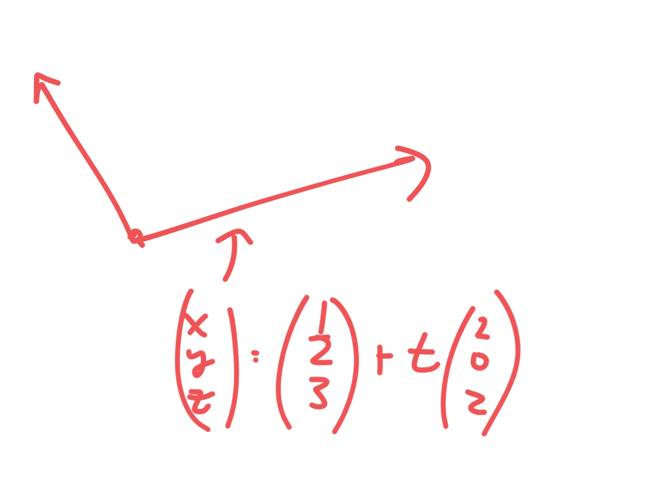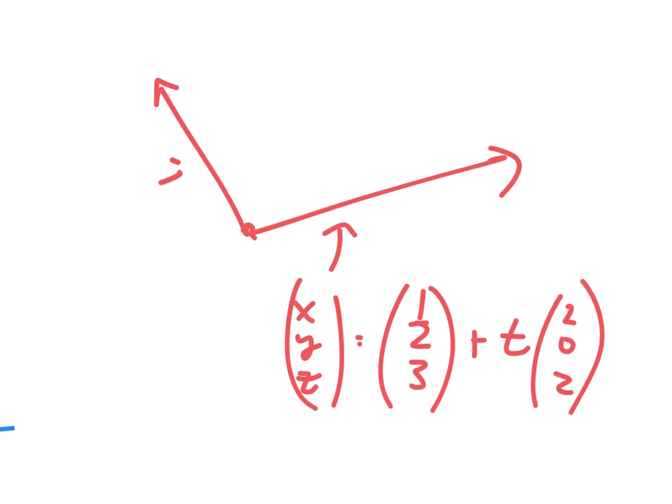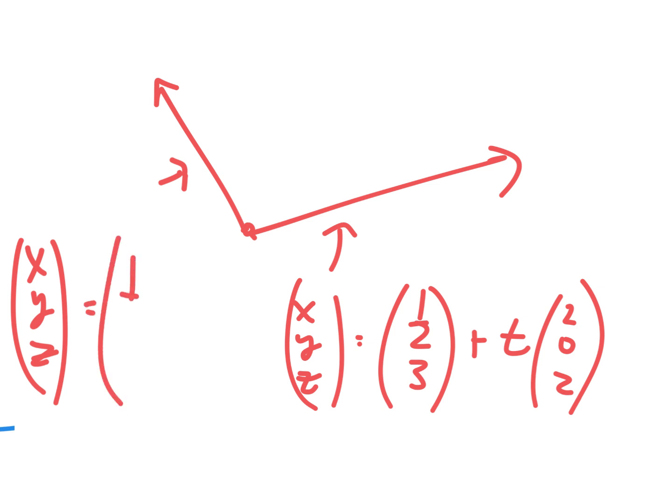The other one is a vector, and you can tell they started at the same spot. So I have to start with 1, 2, 3 here, because they started at the same spot. Then I'm going to go plus lambda times 1, 0, negative 1.